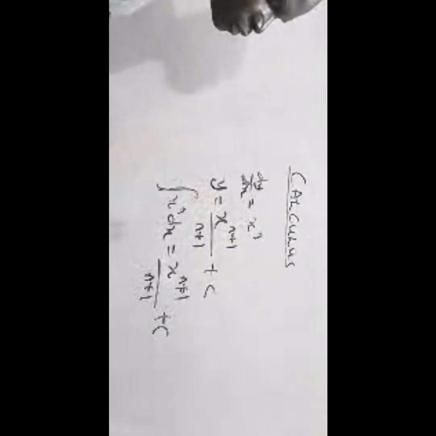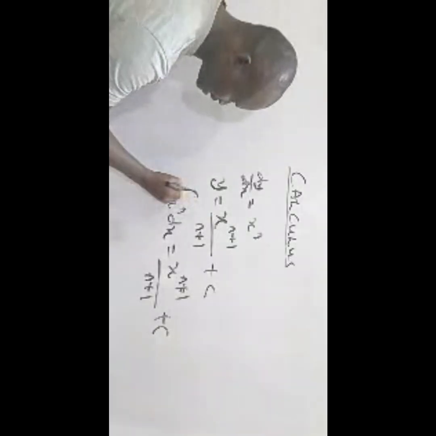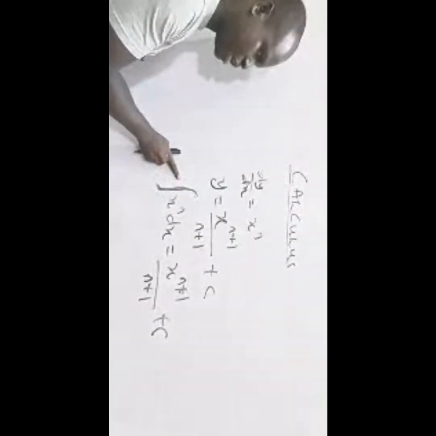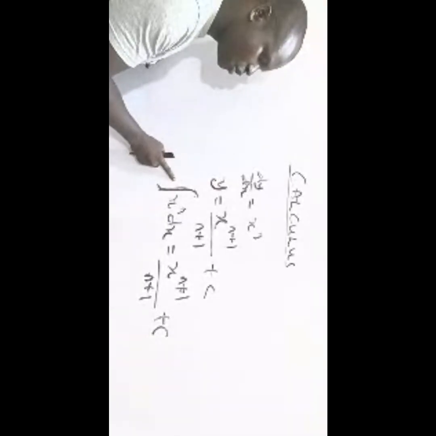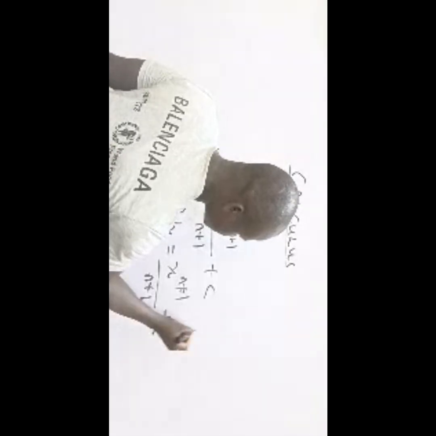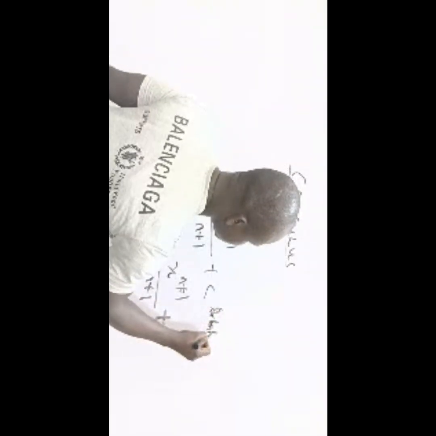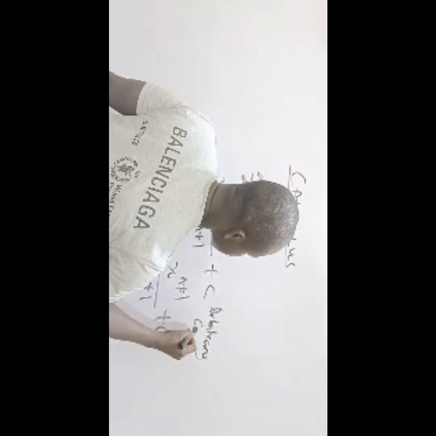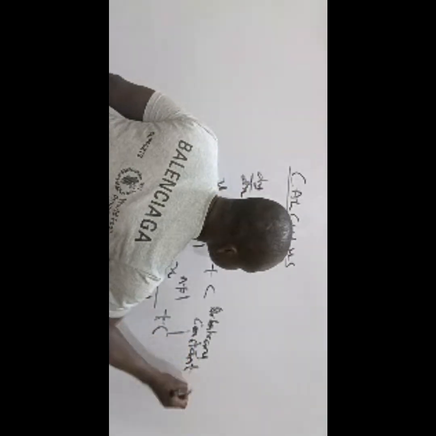There are two types of integration. The example I have here is called the indefinite integral. If you have an indefinite integral, once you integrate, it's a must to put the arbitrary constant. It's compulsory to put that constant.